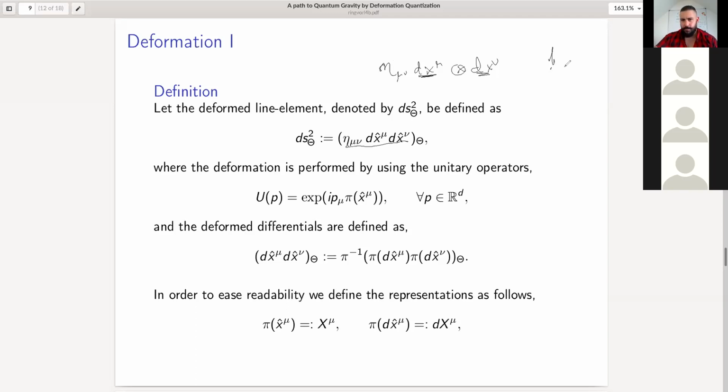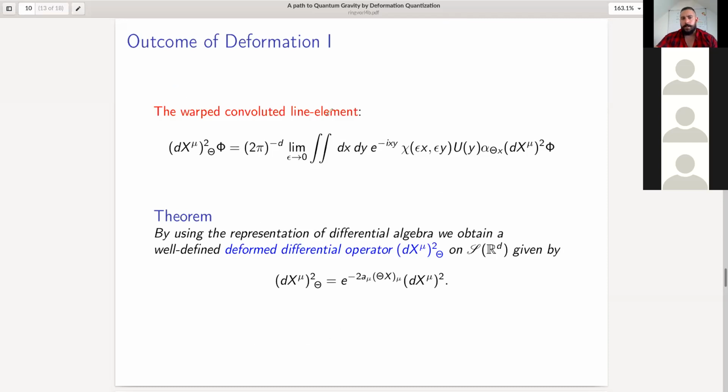Now I deform it by using unitary operators, which are basically e^{i p_mu x-hat^mu}. And now I call them just X^mu so that I don't have to write the pi all the time. So pi of x^mu is big X^mu, and pi of dx-hat^mu is dx^mu.